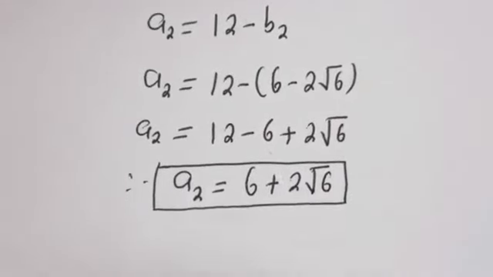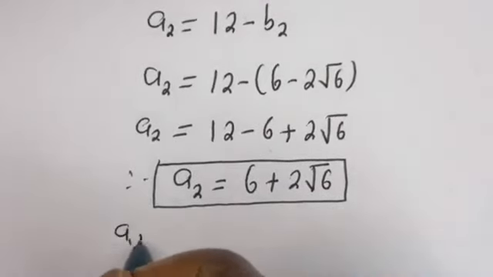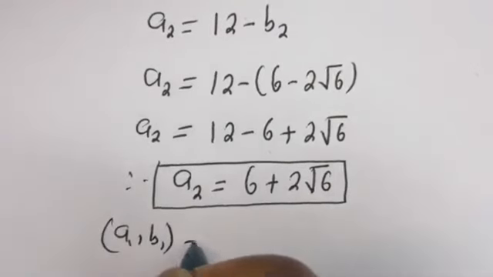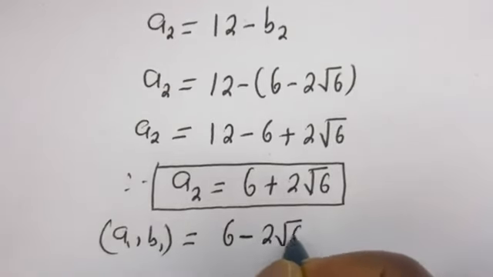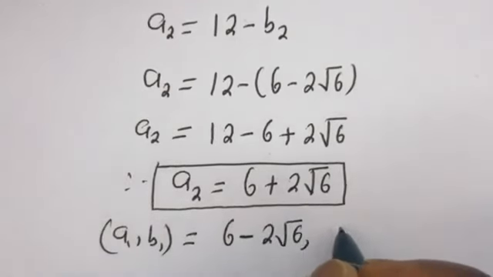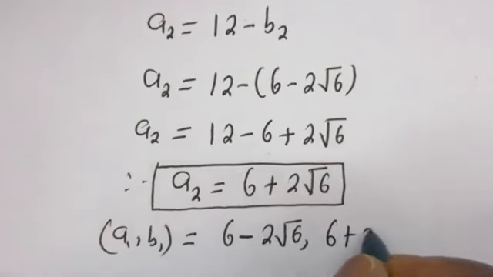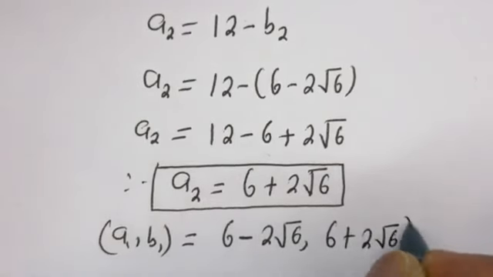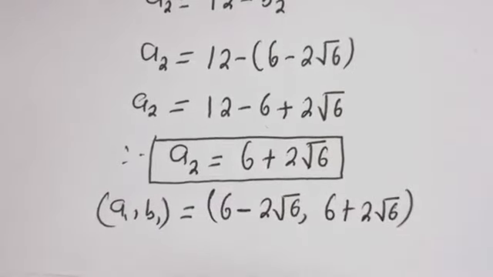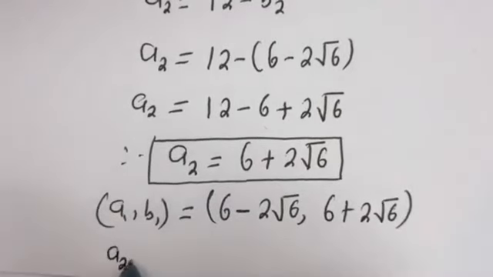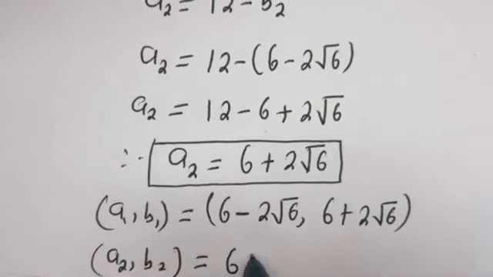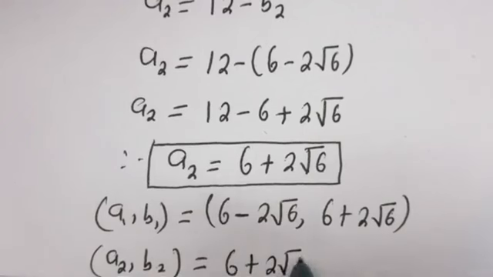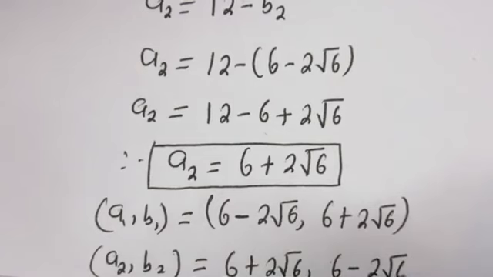Therefore, our final answers are A1, B1 is equal to 6 minus 2 root 6, 6 plus 2 root 6. Then A2, B2 is equal to 6 plus 2 root 6, 6 minus 2 root 6.